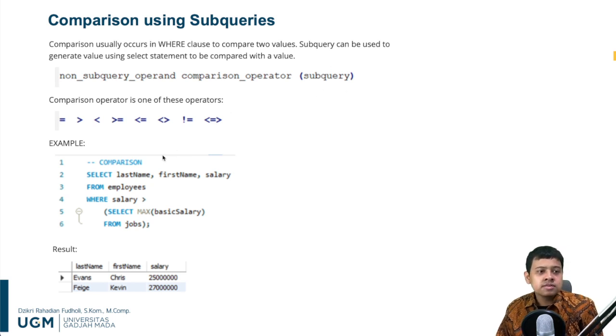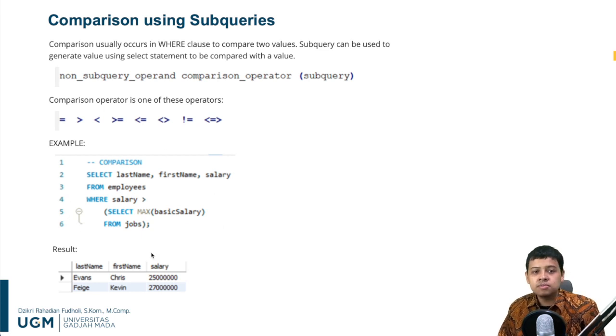For example, we have select last name, first name, salary from employees where salary is more than the maximum. So we want to select the maximum basic salary from the job.